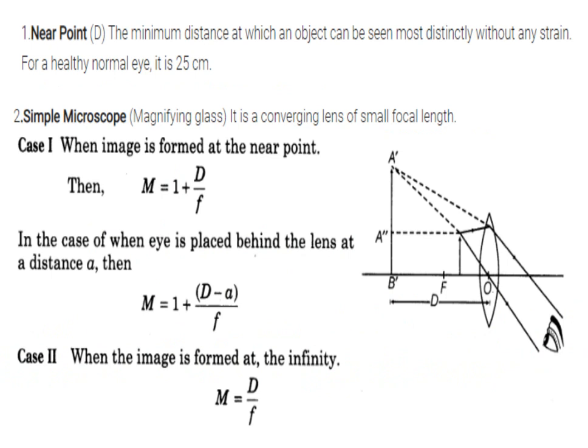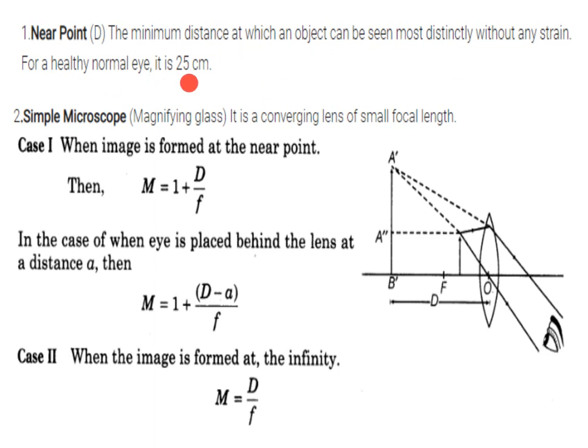Then there are some limiting cases. The near point D is the minimum distance at which an object can be seen most distinctly without any strain by a healthy normal eye.